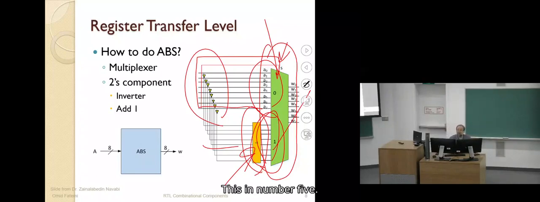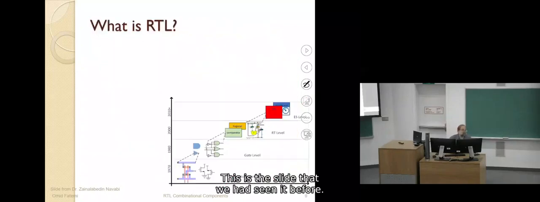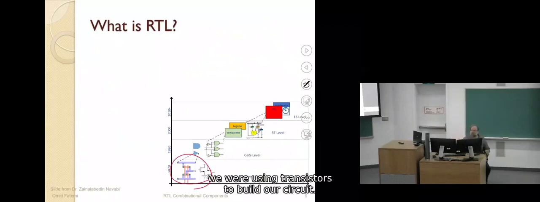This is number 5. So this is the slide that we had seen before. Here, around the 1970s, we were using transistors to build our circuits. Then we saw that it was becoming hard. The circuit was becoming larger.